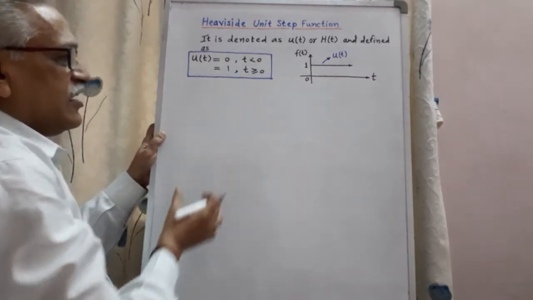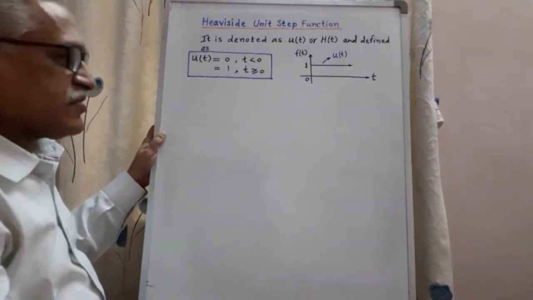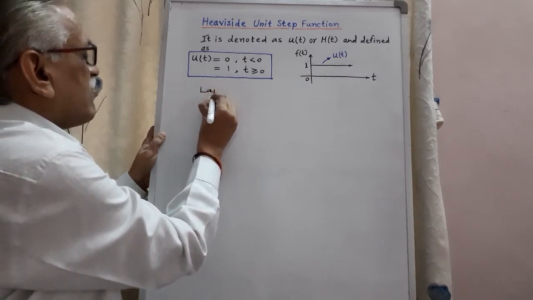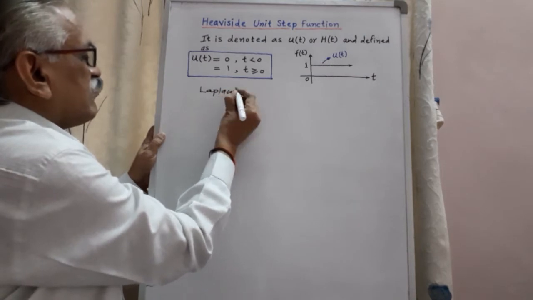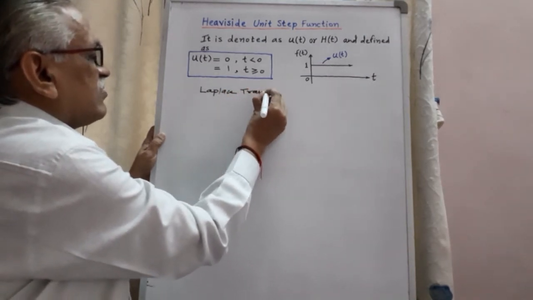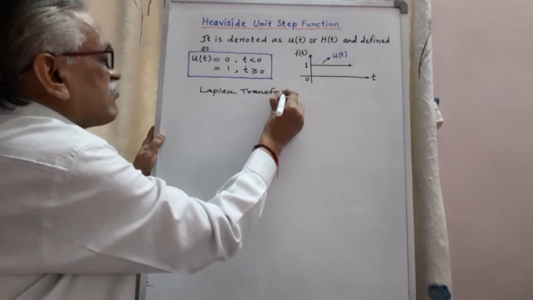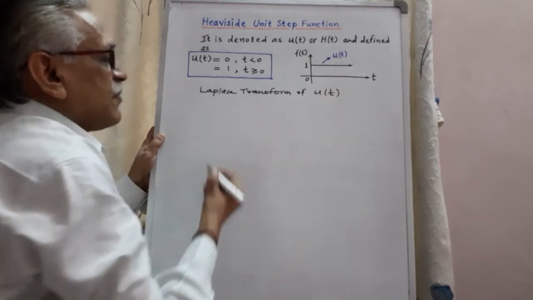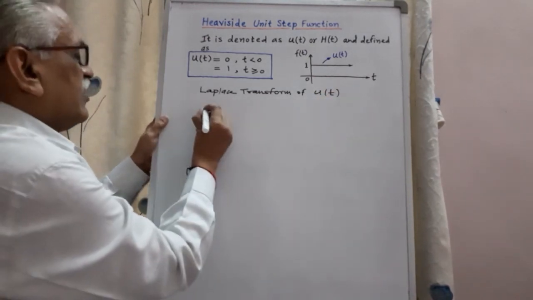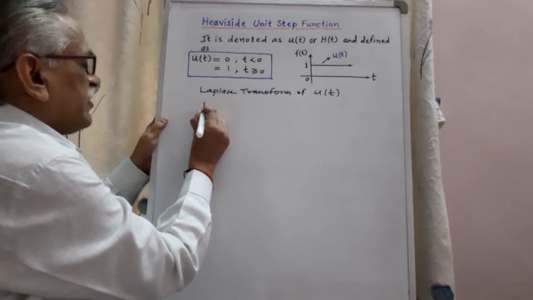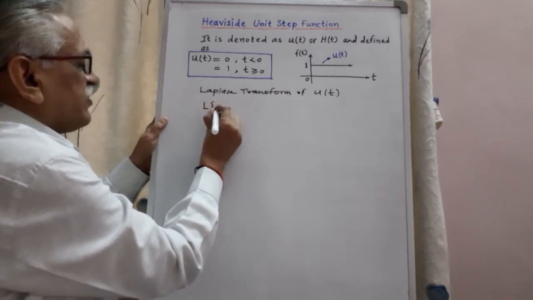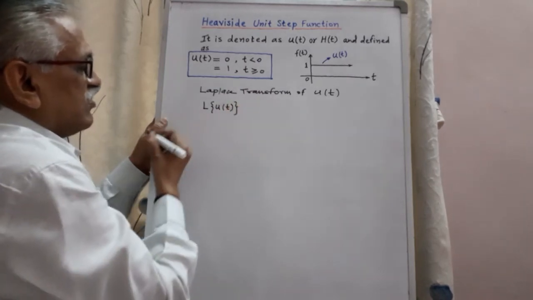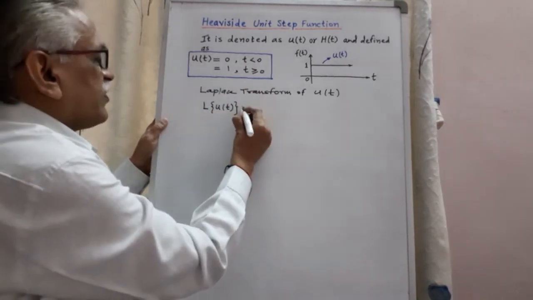After defining it, we try to see how we can obtain the Laplace transform of it. Laplace transform of U of t. We take the help of the elementary definition to find the Laplace of the unit step function.